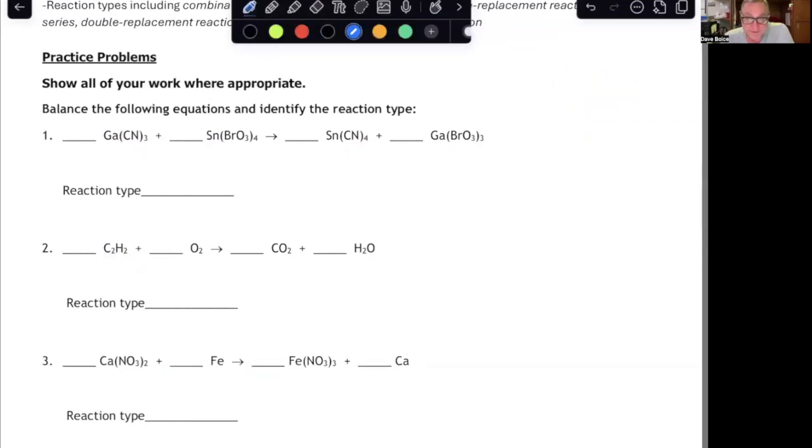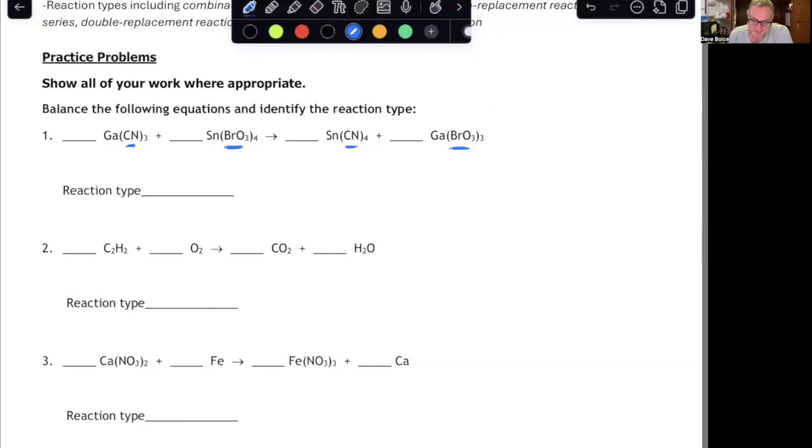So first off, what I want to do is balance these. You really want to pay attention to this because notice my polyatomic, my cyanide, stays the same on both sides. That's awesome because that means I can think of it as one thing and I don't have to pay attention to what it's made of. Also, the BrO3 stayed together on both sides.